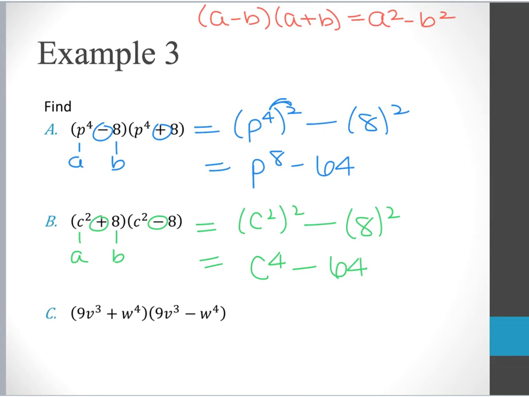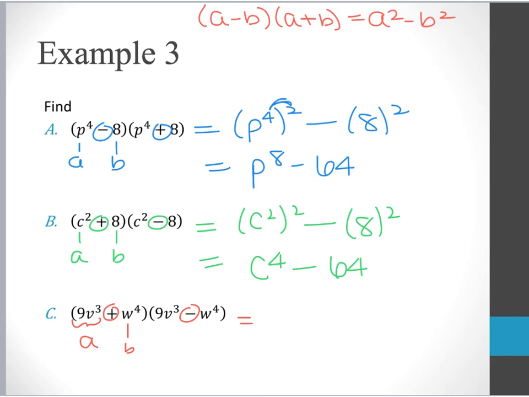Now Part C looks kind of complicated, but it's really not any different than the problems from above. Again, notice that I have the same terms in both binomials. They're only different because I have a positive and a negative. So my 9v cubed is going to be a, and w to the 4th is going to be b.